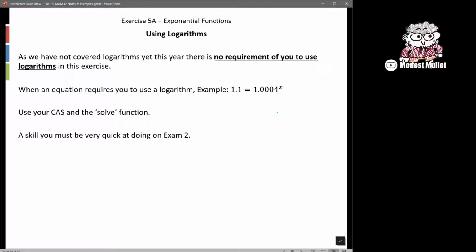At the moment, because we haven't done logarithms this year, there's no requirement for you to use logs yet to solve anything. So when you use logs is when, you might be told, f of x is equal to 1.0004 to the x. Find x when f of x is equal to 1.1, in this case, which gives us this equation.